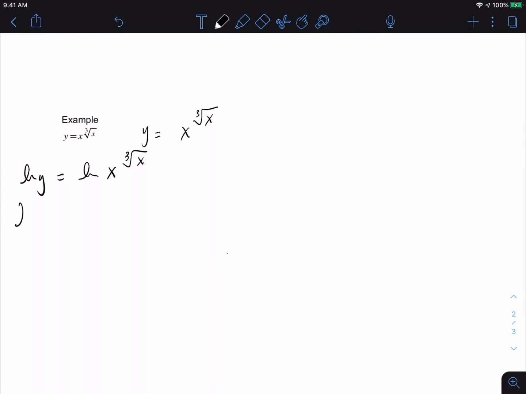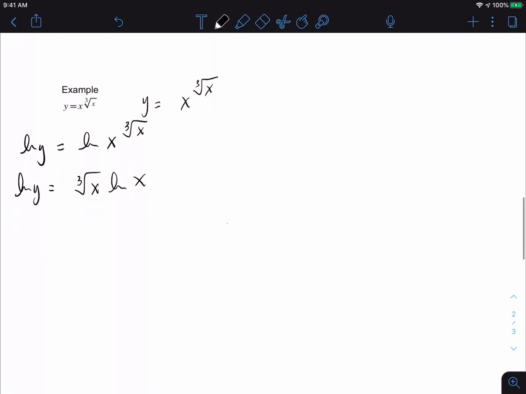Then I'm going to use the rules. Before I try to take the derivative, I want to do the rules, right? Because if you don't do the rules, it'll mess you up in terms of being able to do these problems. Okay? That's important. Use the rules to bring the exponents out front, and then you do the derivatives.